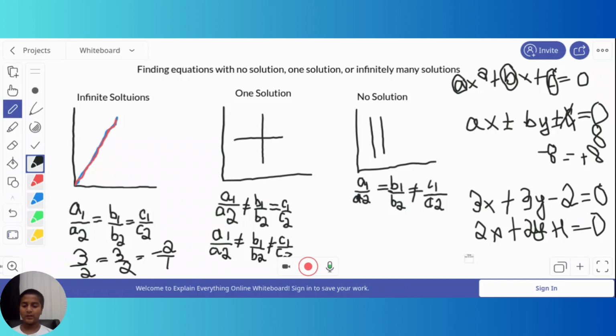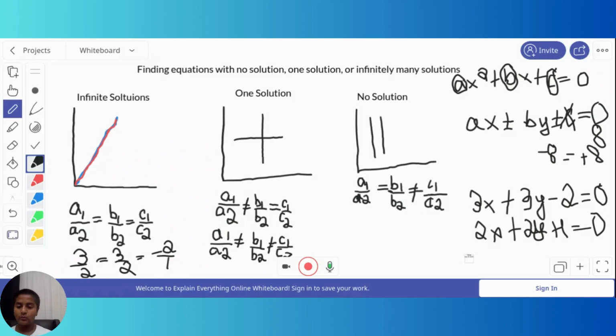So for infinite solutions, the proportions would all be the same. And when I say they have to be all the same, I'm not talking about the numerical values being the same, but equivalent fractions, right? Or any kind of ratio. So in this situation I have 3 over 2 equals to 3 over 2.